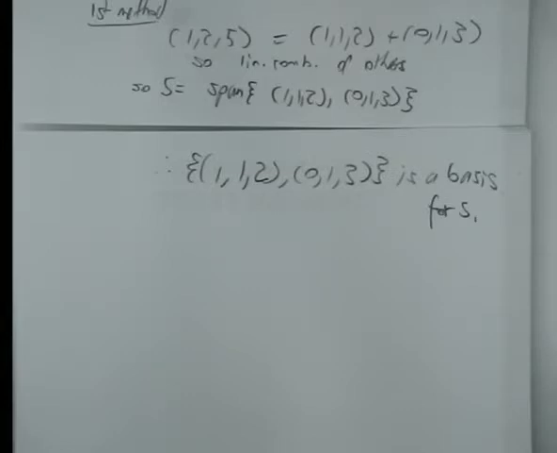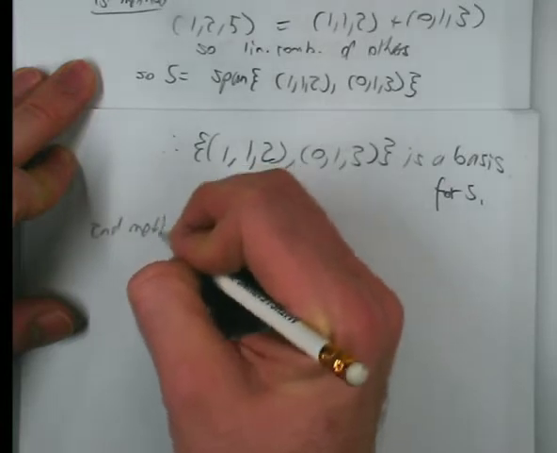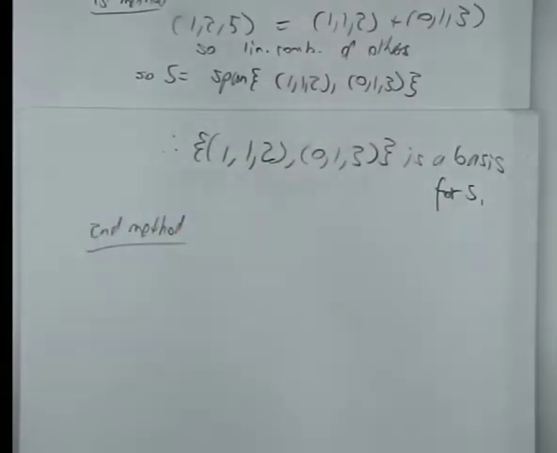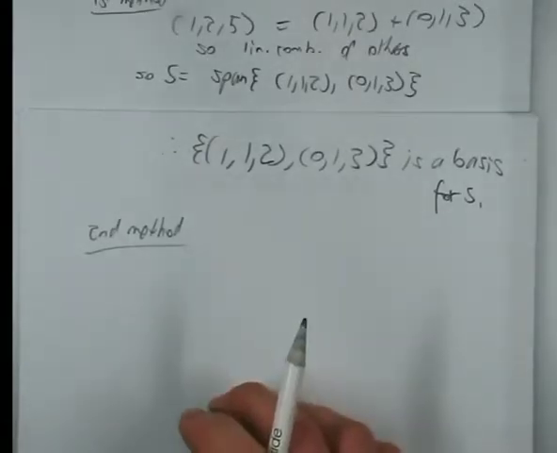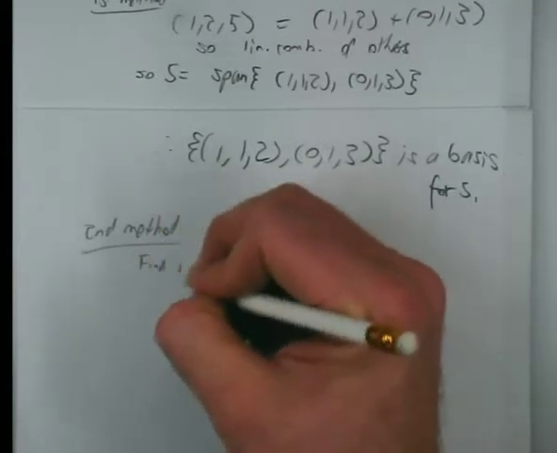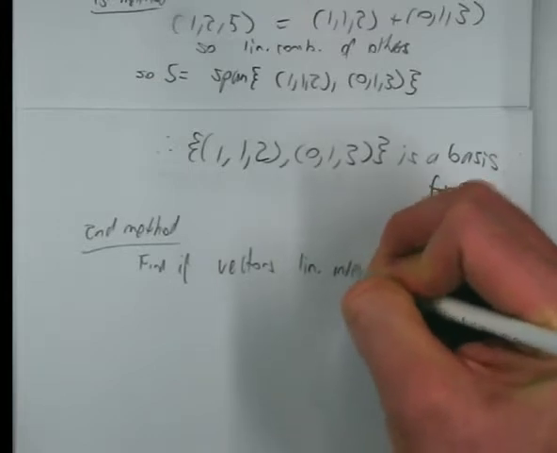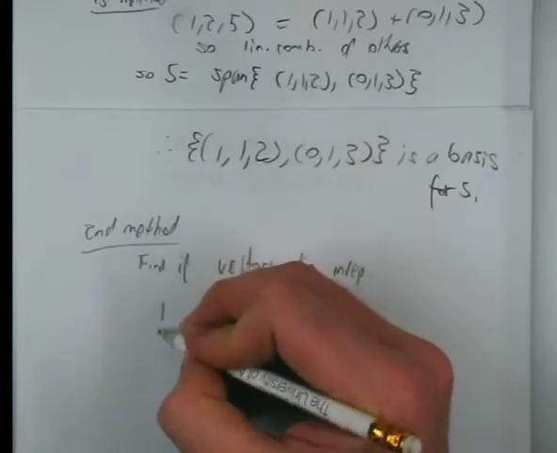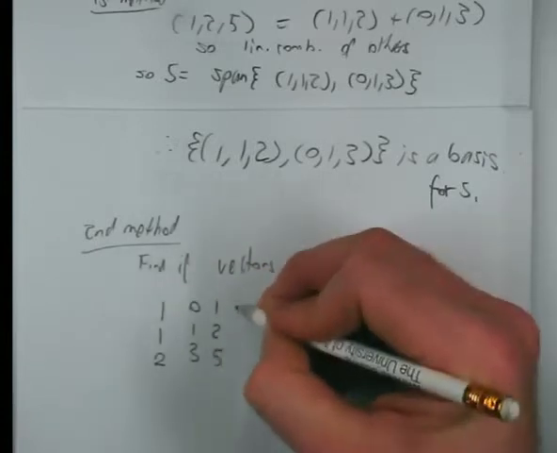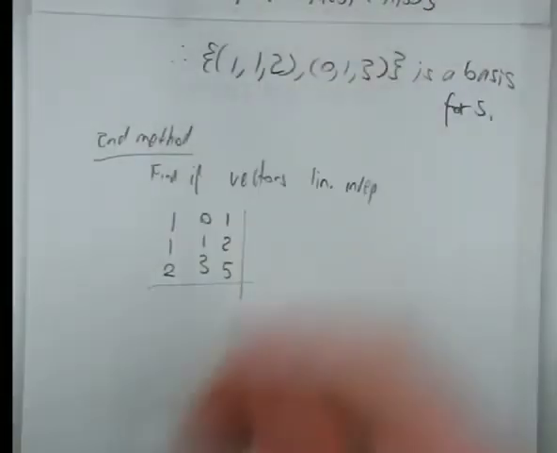Okay. My second method would be, what if I couldn't tell to start with whether they are independent or not just by looking at them? Then what I would do is find if the vectors are linearly independent. And so I'll put them as columns and row reduce just that and see what happens.